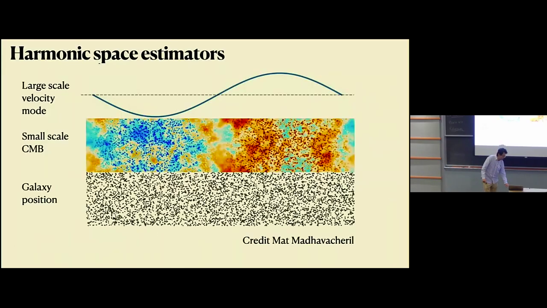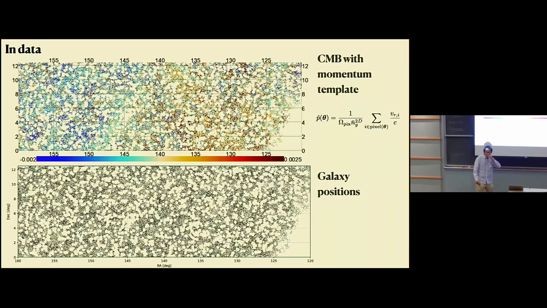Is there any drawback of the harmonic space approach compared to the standard one? For the first question, I don't think there is any drawback, and there are a few more benefits. First of all, these two estimators should be absolutely equivalent, and we should get the same signal to noise from them, and that's what we've shown. We also have similar results showing that they are consistent with each other.